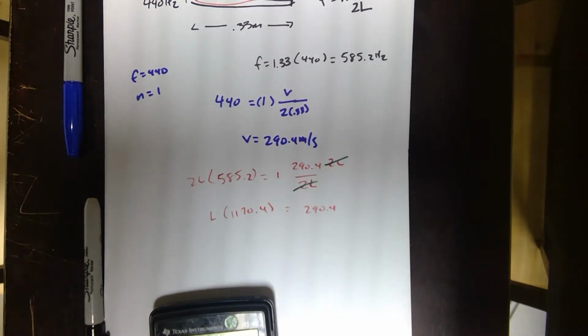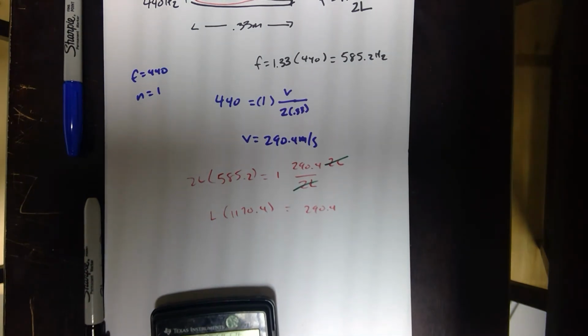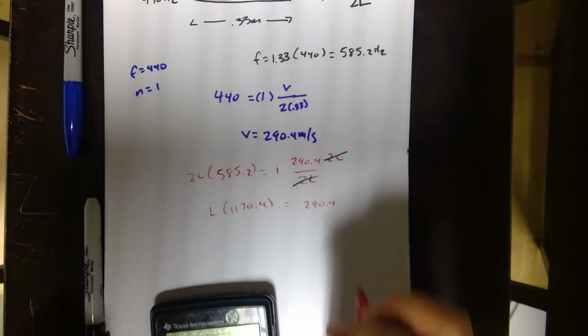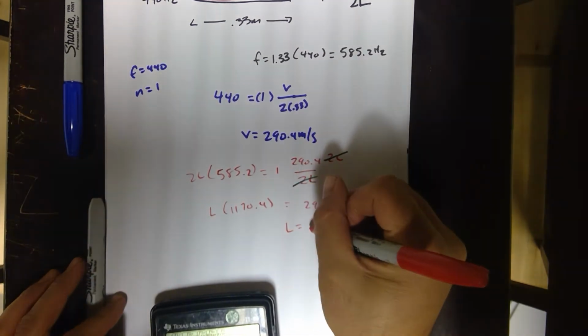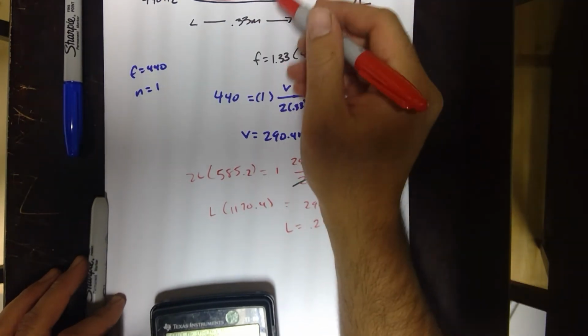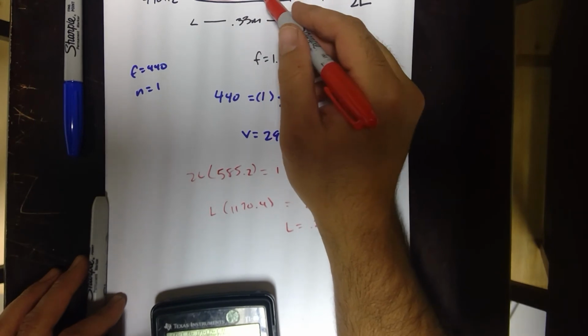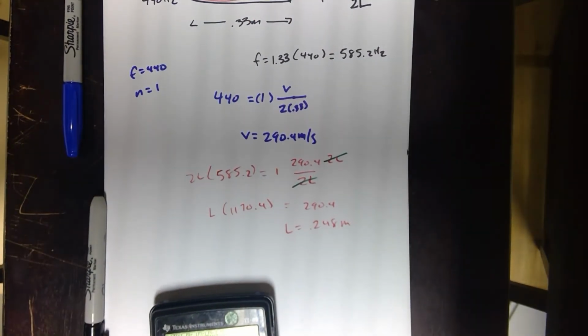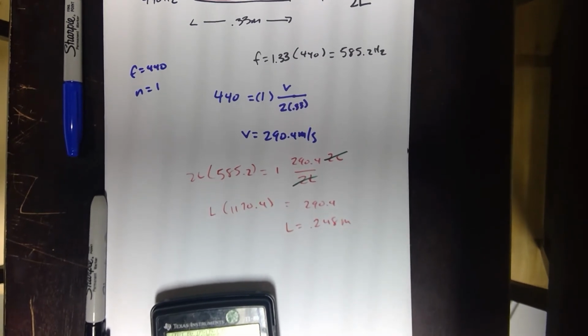So dividing both sides by that, 290.4 divided by 1,170.4 gives us our answer. And what I get is that L is 0.248 meters. So somewhere along there, you're pressing there, you're shortening the string, and you're getting a higher pitch. That's basically the way that you can approach these types of standing wave problems.